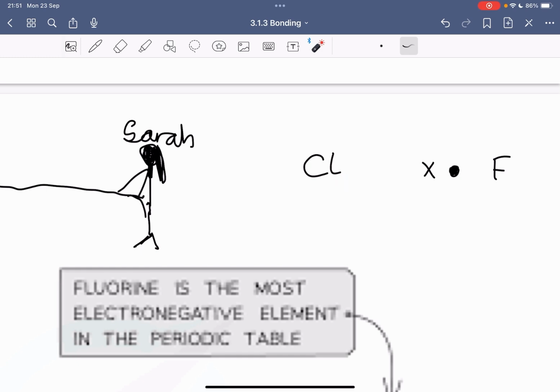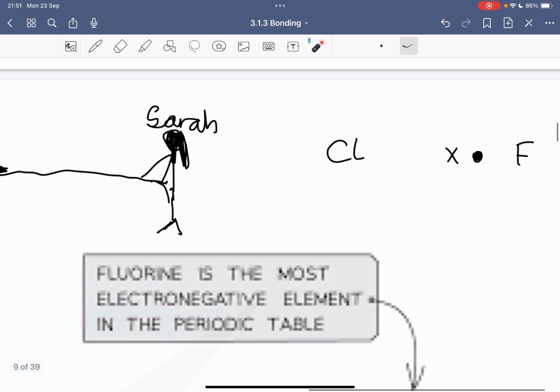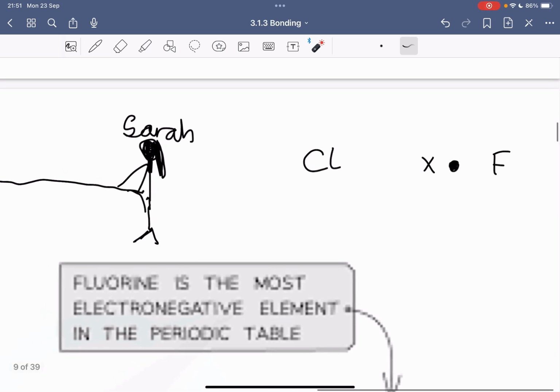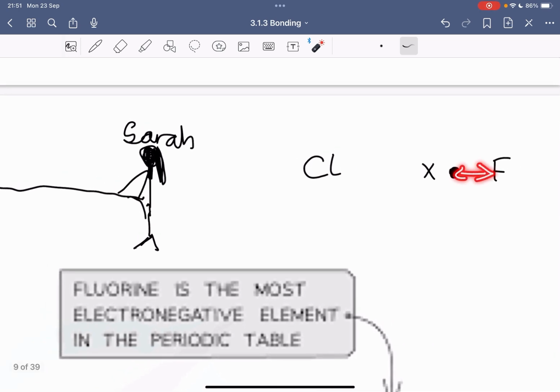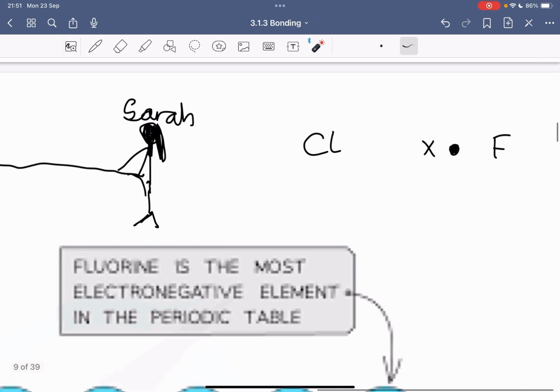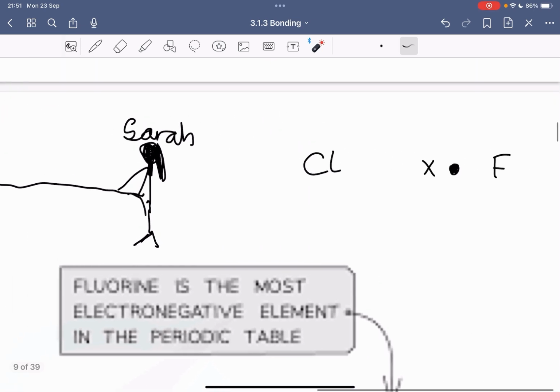It's just that it's not as close to chlorine, okay? However, chlorine's still getting some of it, okay? It's still holding on, just not by as much, okay? It's an uneven sharing, okay? Whereas with ionic, if you remember, Sarah in our example just completely let go, right? So here we haven't completely given up the electrons, okay?